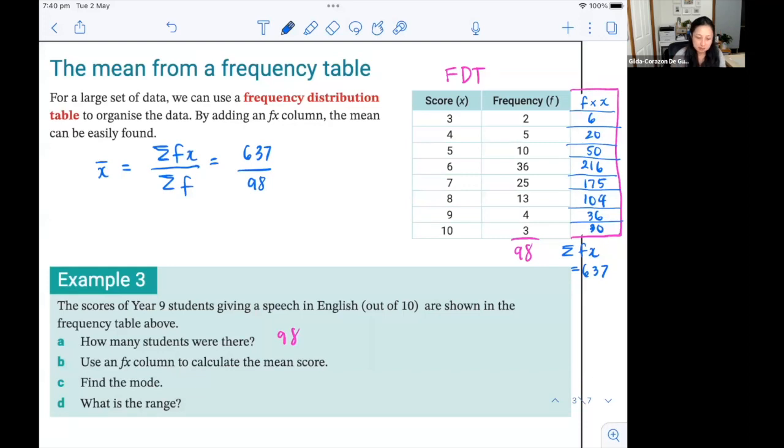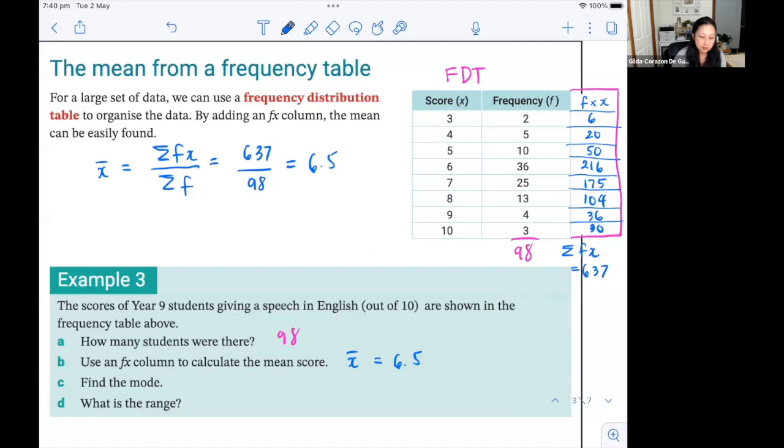Let me just check my addition so I don't confuse you when you do your work. And that's what statisticians do, right? They check and check whether they got the answers right, okay? So 637, we want to divide by 98, and that's equal to 6.5. And therefore, our mean is 6.5, okay?